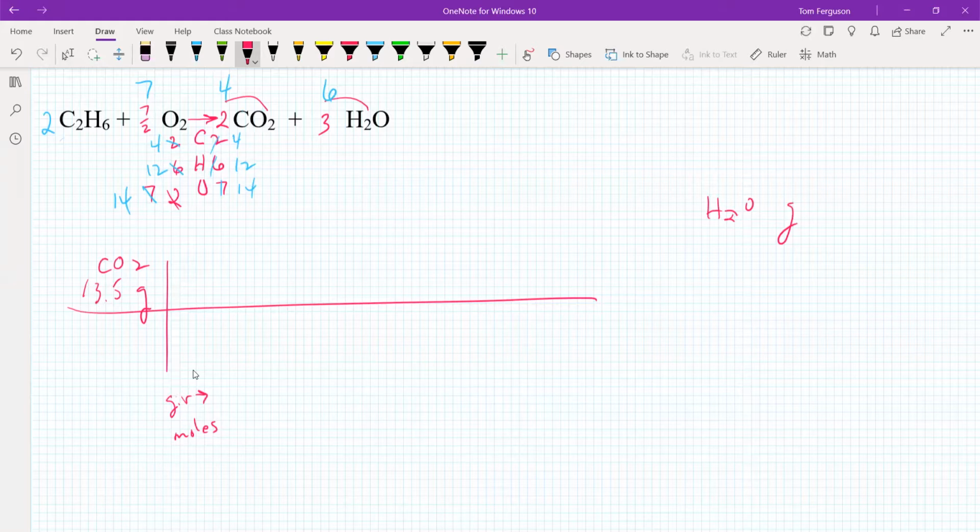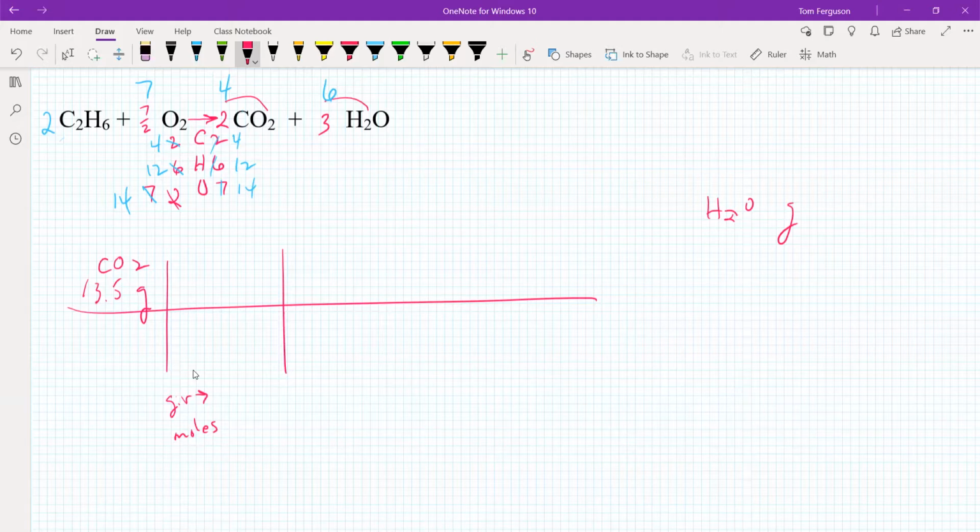We need to convert it to moles because the mole ratios from the balanced equation is the valid part. This is what makes everything talk to one another, the molar relationship. So if it's not in moles, get it to moles. That's step 1.